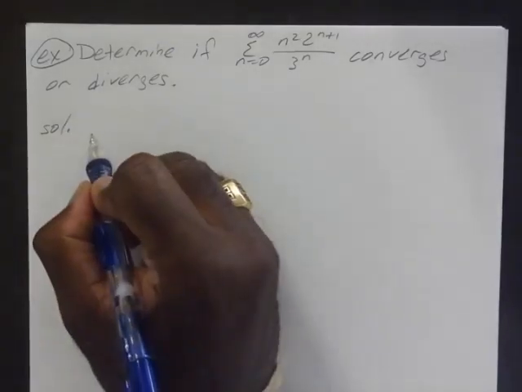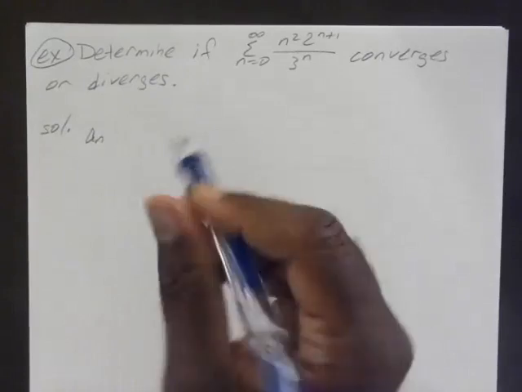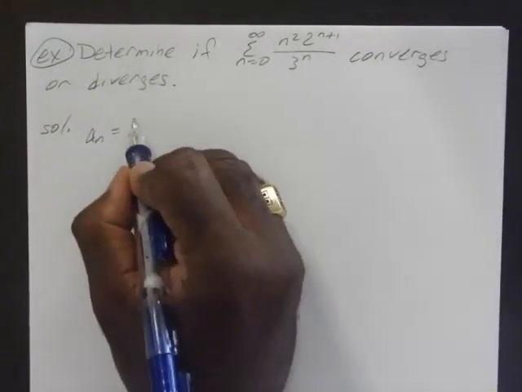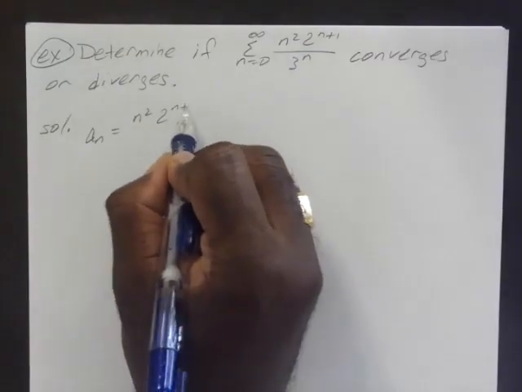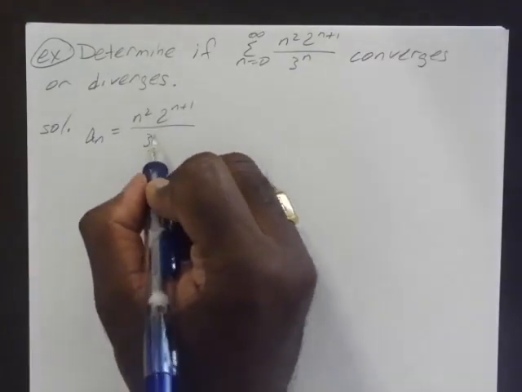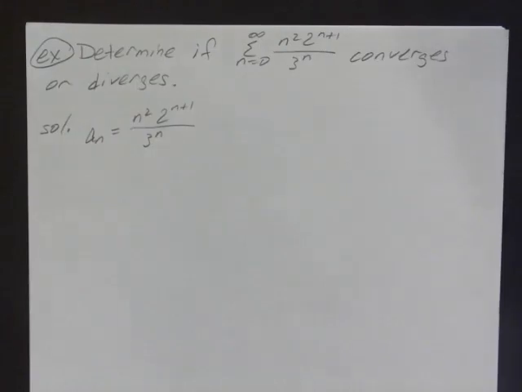Okay, so if we're using the ratio test, then our a sub n is equal to n squared times 2 to the power of n plus 1 divided by 3 to the power of n.